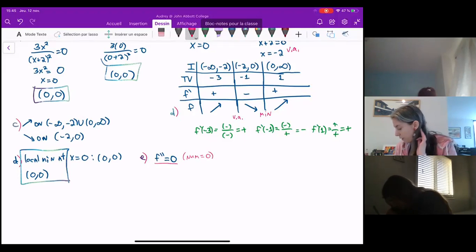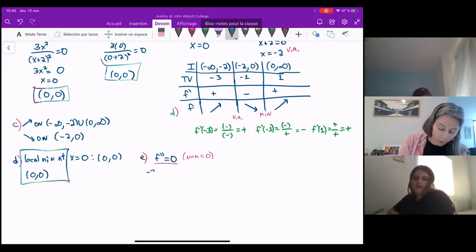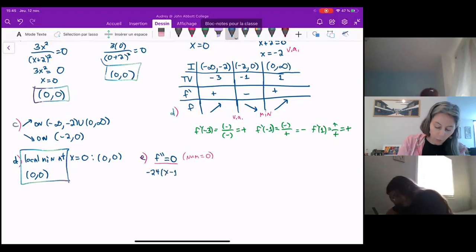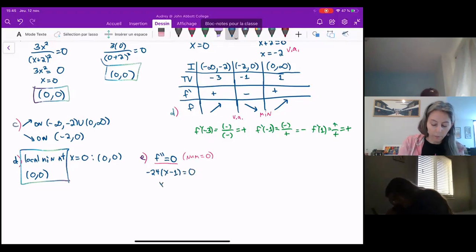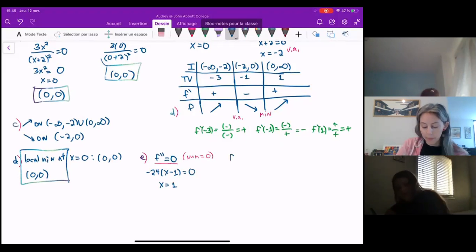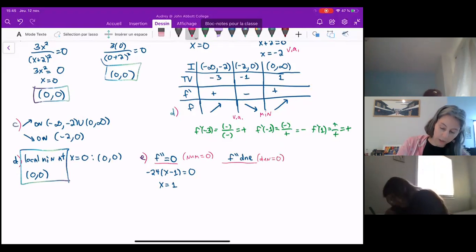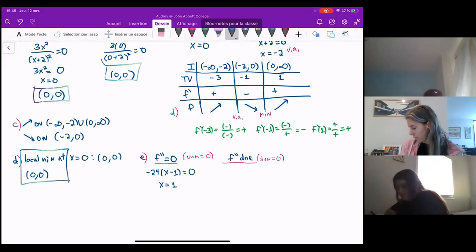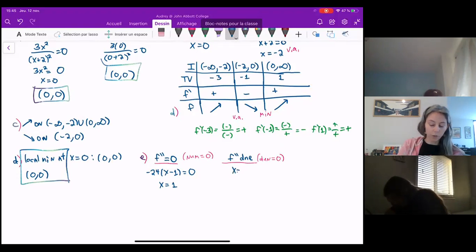So that's when my numerator equals 0. So that's negative 24 times (x minus 1) is equal to 0, which gives me x equals 1. And then I want to know when f double prime does not exist. And that's when my denominator equals 0. So in this case, that's x equals negative 2, which we know to be our vertical asymptote.